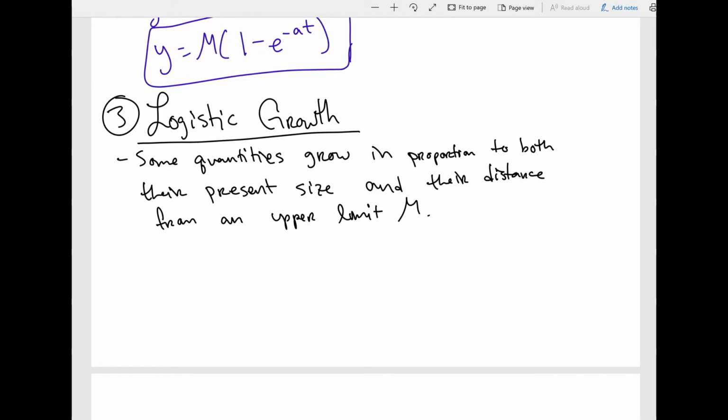And actually, I think logistic growth is better than limited growth.